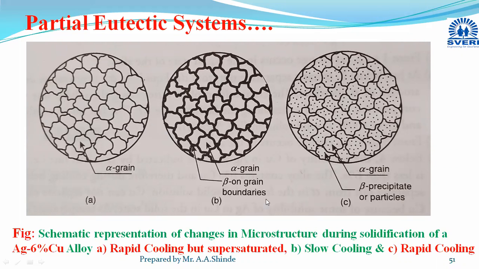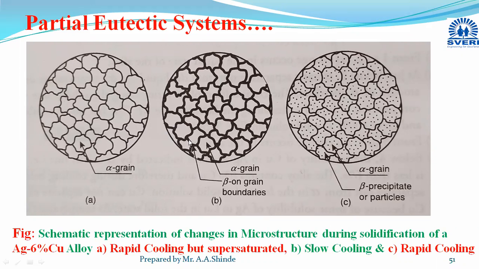What is the difference between these in 4 to 5? Just the cooling rate. Whenever cooling rate is slow and whenever cooling rate is fast, it will give you another structure for B and C.